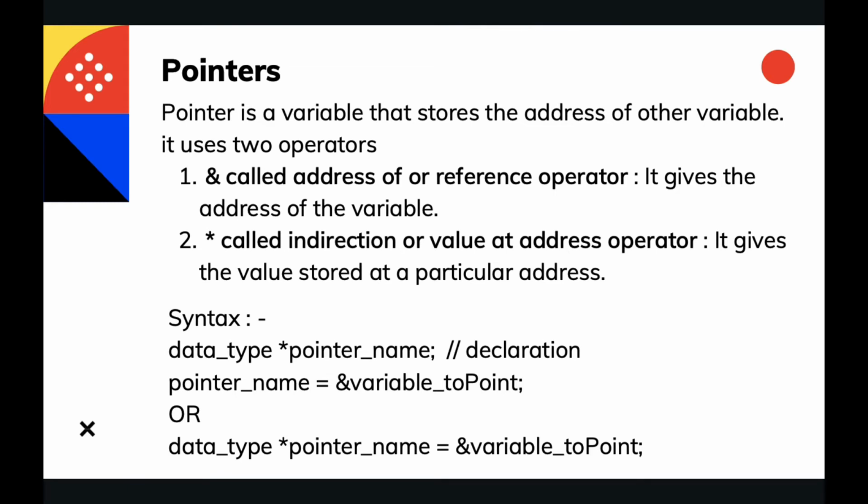If the pointer is going to store the address of an integer type variable, then the pointer should be of integer type only, and the size of the pointer will be the same as the size of the variable type it is going to point to. And you can have any type of pointer.